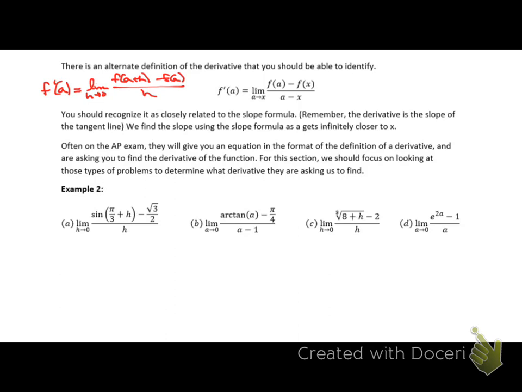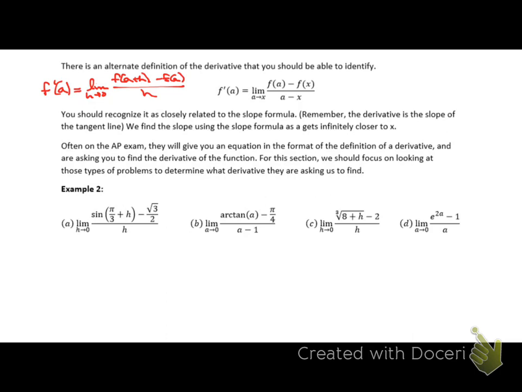So when we go down here to example 2, we can see that's the limit as h approaches 0 all over h. And then we have pi over 3 plus h. That means we're using the first form, the original definition of a derivative, just so you start recognizing what it looks like. The normal definition of a derivative is f of x plus h. So if it's pi over 3 plus h, then the x is pi over 3.